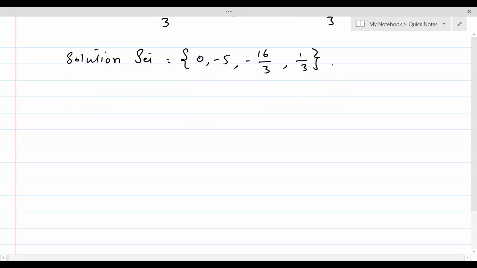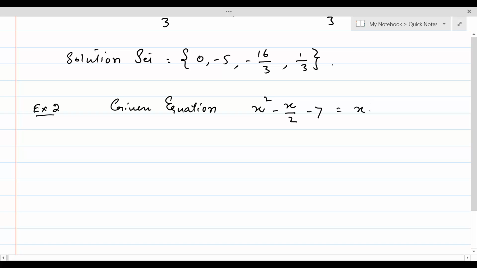Let's do one more example. Example number 2, and here the given equation is x square minus x over 2 minus 7 equal to x minus 3 times square root of 2x square minus 3x plus 2.